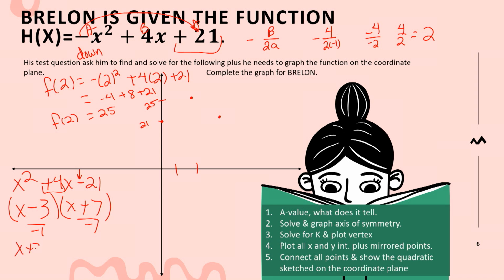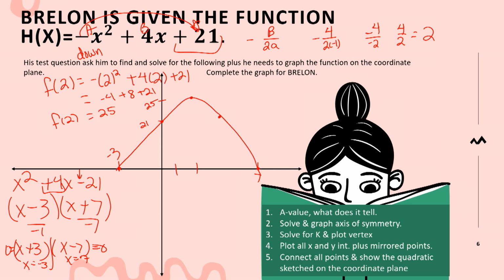X plus 3 and x minus 7, equal both of those to 0. So x equals a negative 3 and x equals a positive 7. Good job. So I have negative 3 and positive 7, and there is my parabola.